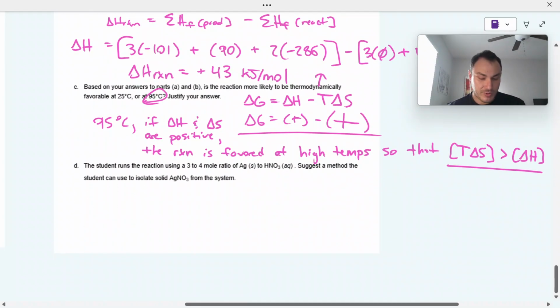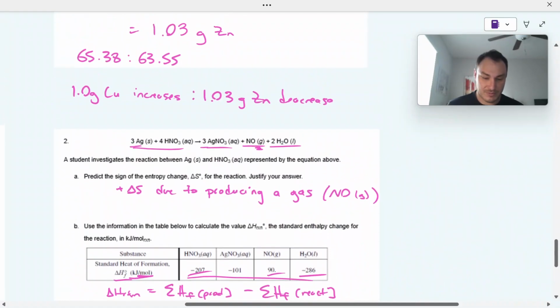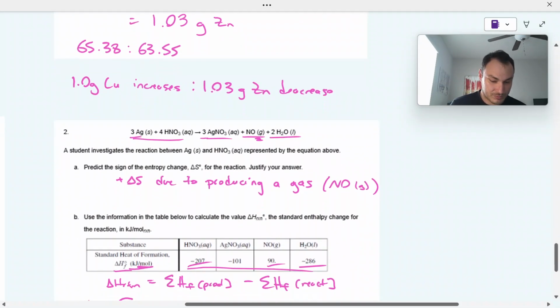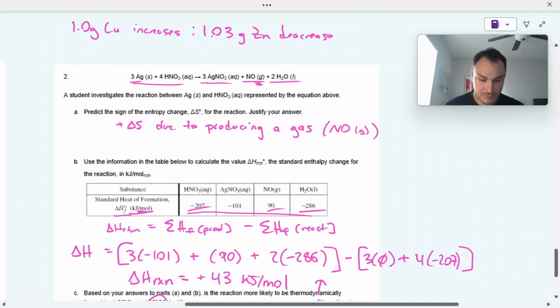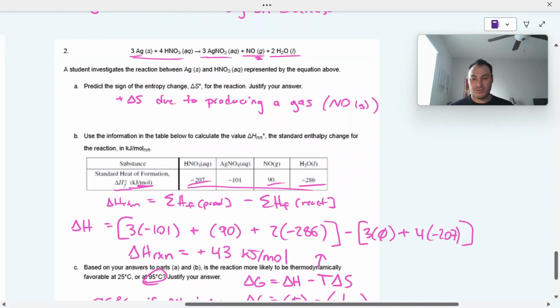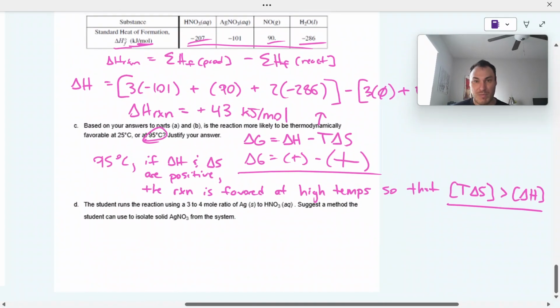The student runs the reaction using the 3 to 4 mole ratio of silver to nitric acid. Suggest a method the student can use to isolate solid silver nitrate from the system. Okay, so this is really just a laboratory methods type of question.